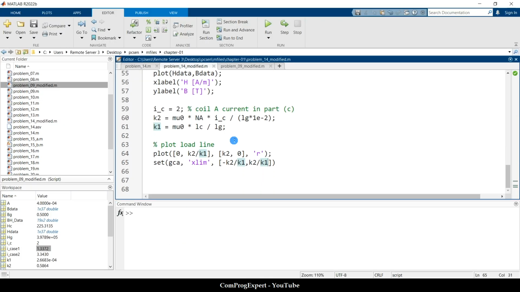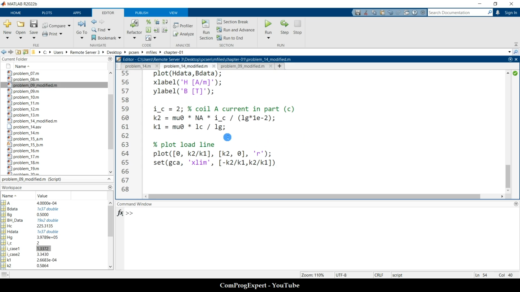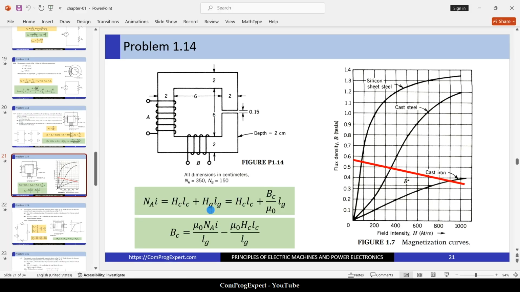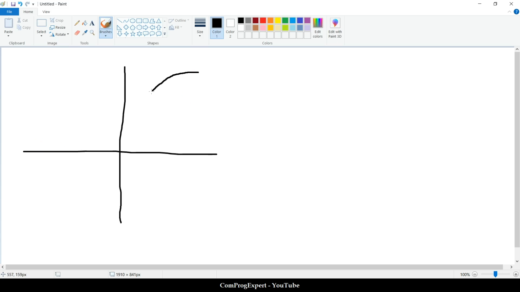So yes, we have this BH data and we have this load line. Simply, we can use the root finding MATLAB function to find the intersection point. How? We need to define an error. Suppose we have this BH curve, right?